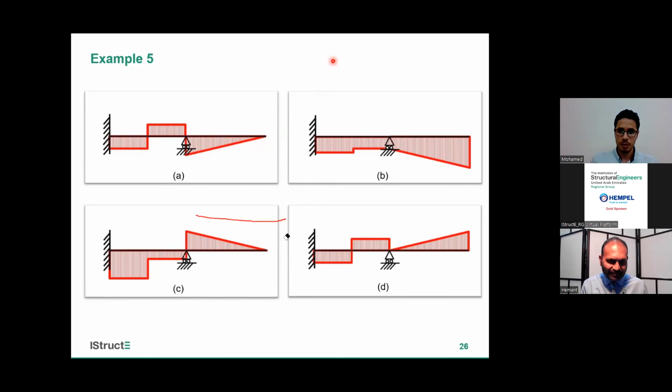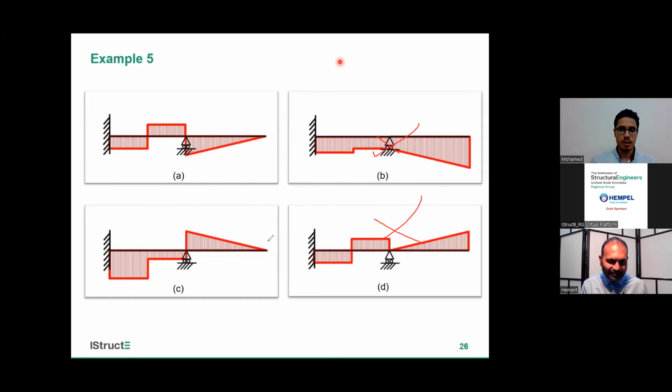If we take a look again, we don't have a concentrated load, so of course this is not correct, and this is not correct. We don't have any concentrated load at the beginning, so this is out and this is out. So we have to choose one of the remaining two.